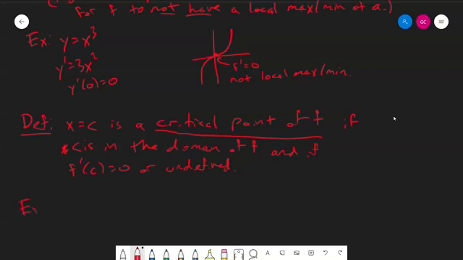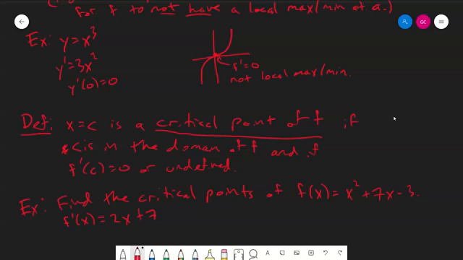So maybe let's do a quick example. Let's find the critical points of the function f of x is equal to x squared plus 7x minus 3. So what we're going to do is take the derivative, which in this case is 2x plus 7.